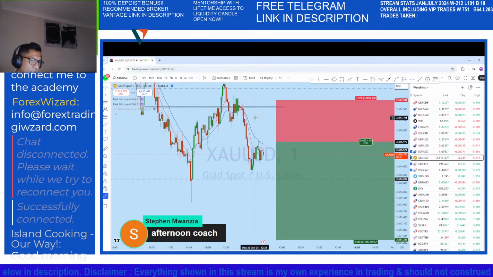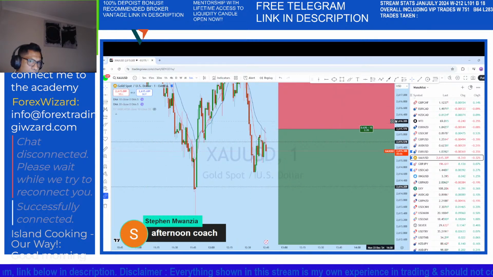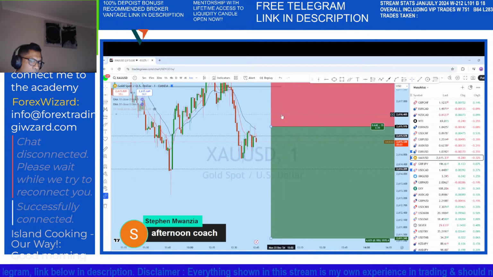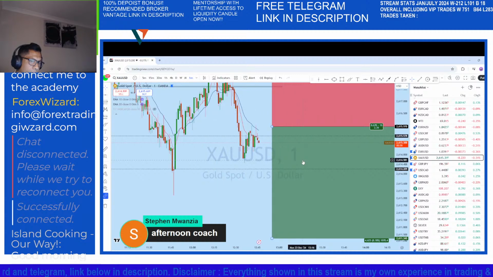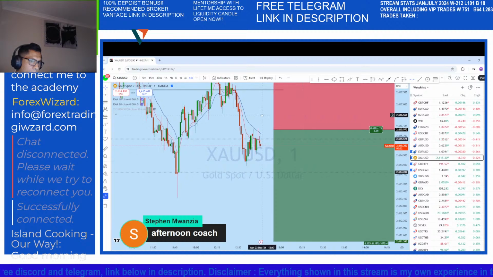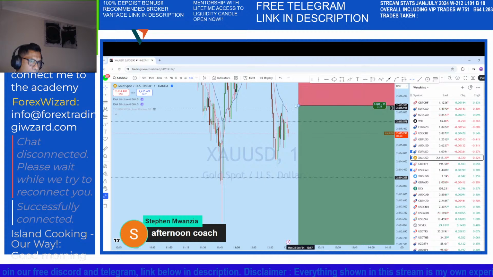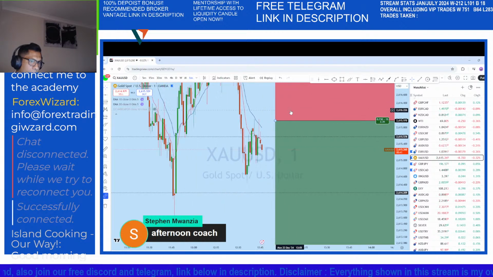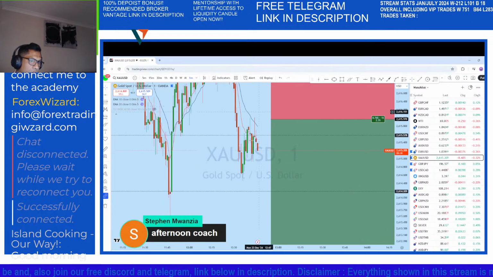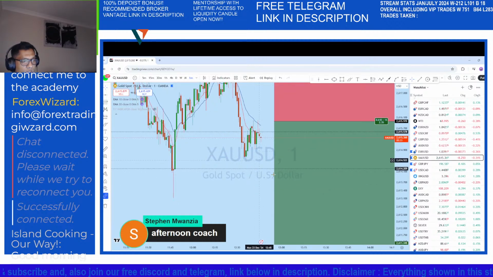Okay, so here we can see that the market formed the doji, and so you're on the right track. So still the market is potentially trending in that direction.